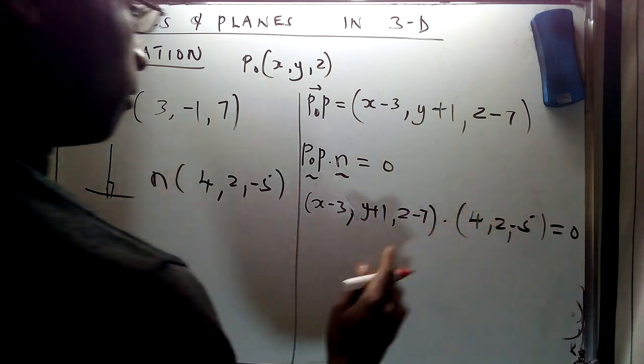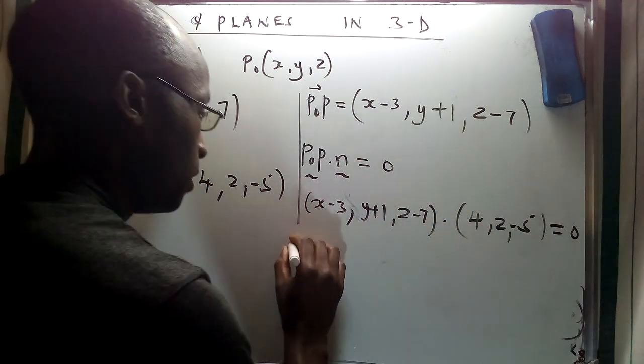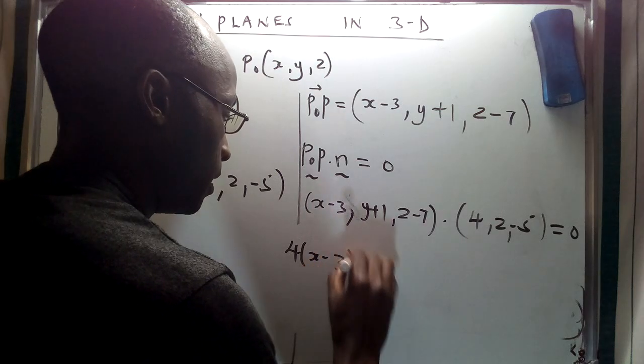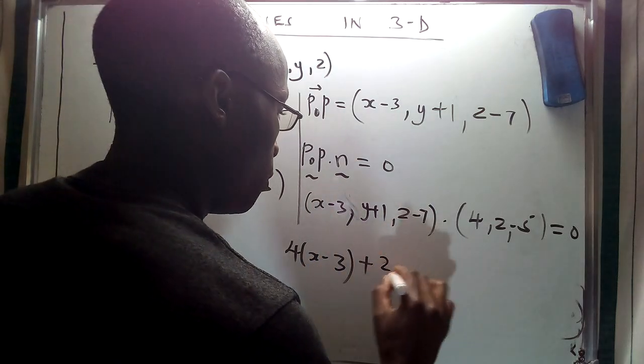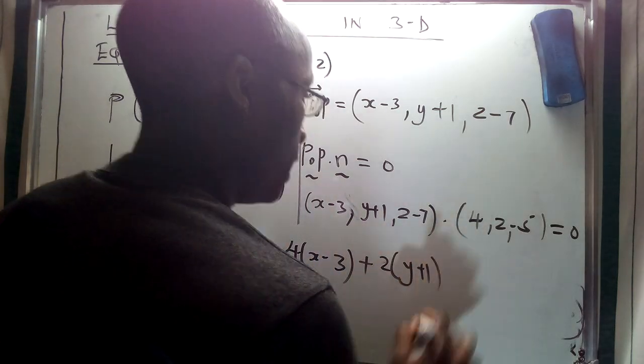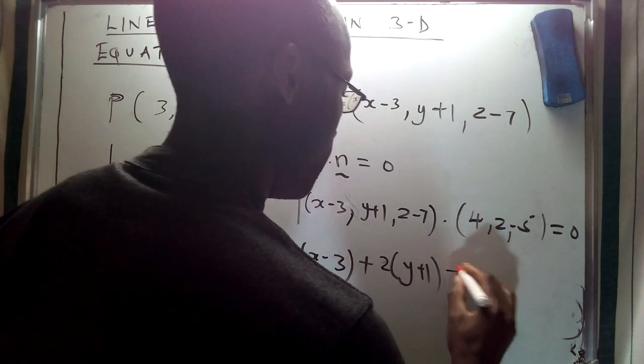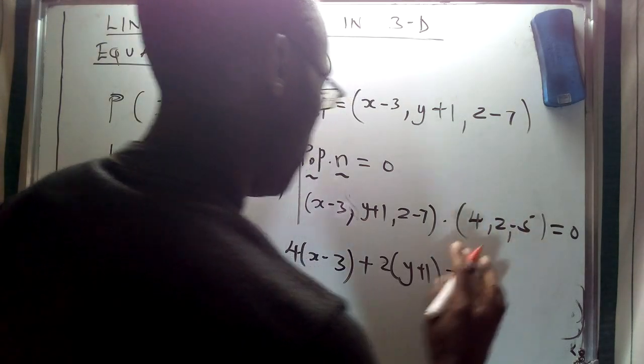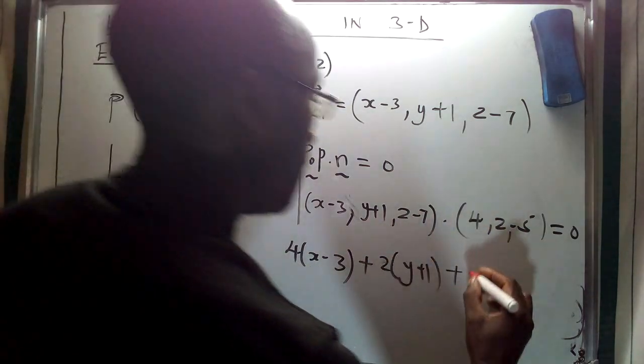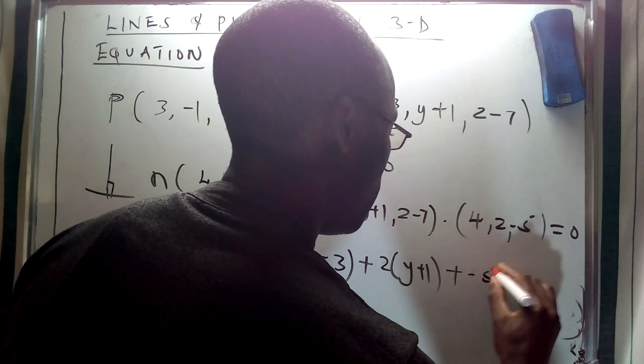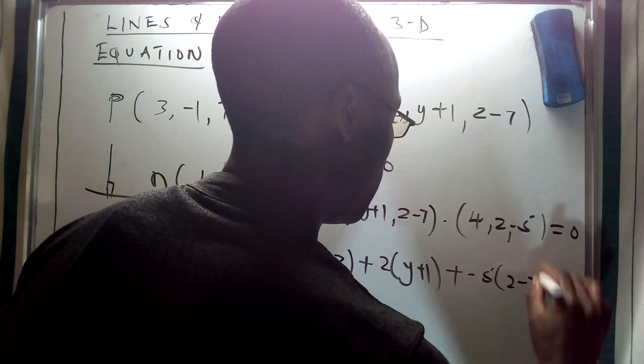If we evaluate that, we can simplify by multiplying the respective terms. So this is 4 into x minus 3 plus 2 into y plus 1 plus minus 5 into z minus 7, equivalent to 0.